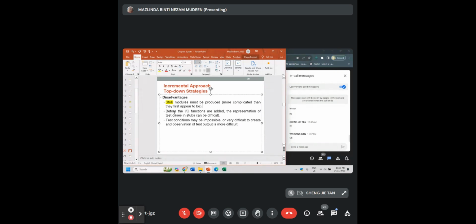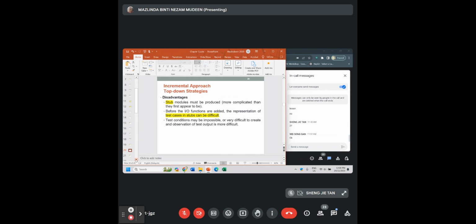Before the input output function is added, the test case which uses the stub can be a bit difficult to represent. The test conditions may be impossible, and we might not be able to identify the correct test output or result yet because we don't have the actual code. With the stub, the correctness will not be as much.